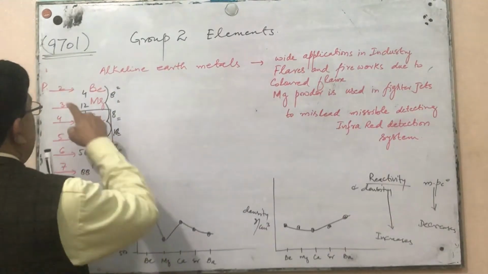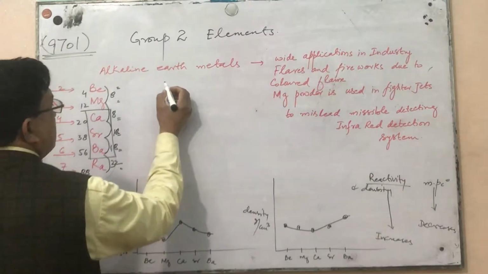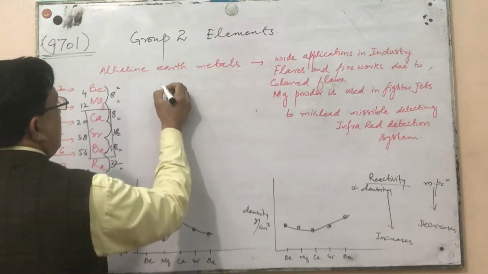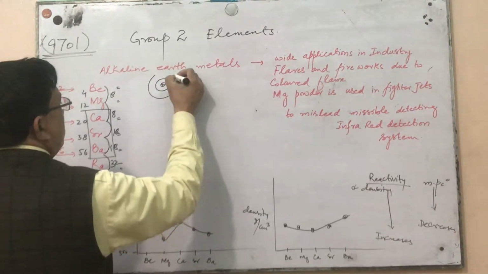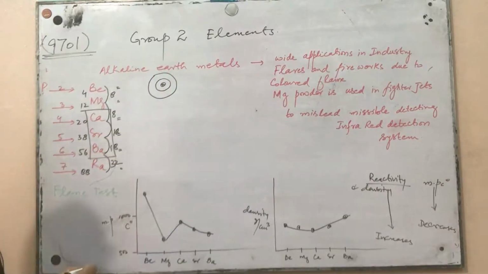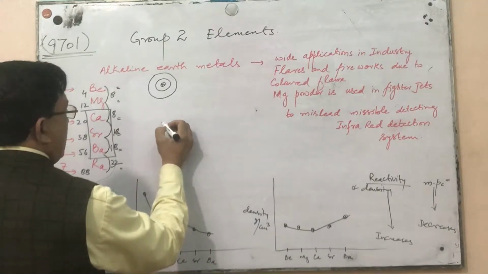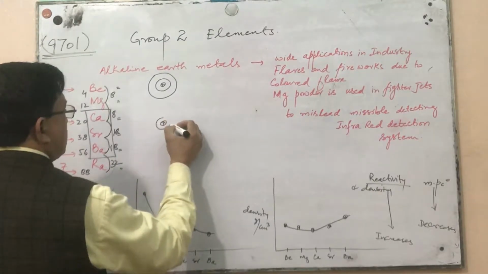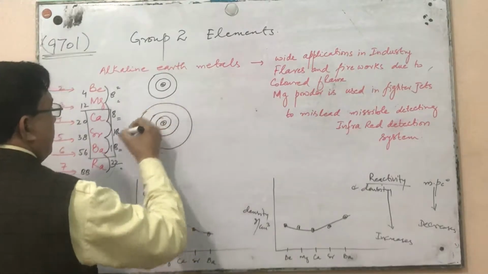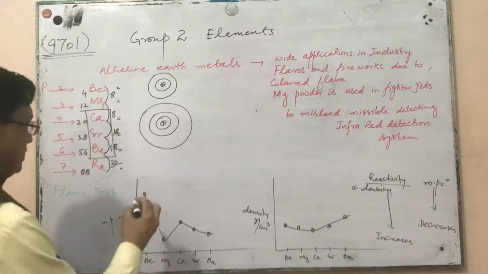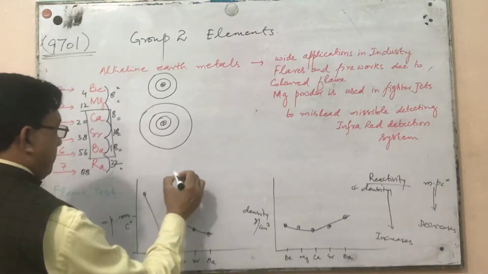If we represent these numbers with respect to the number of shells, we can show beryllium just like this. We can show magnesium just like this. We can show calcium just like this.